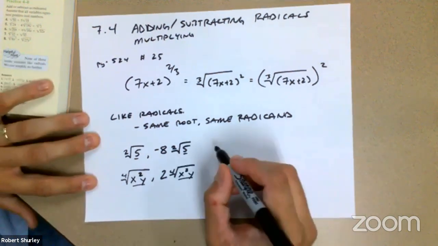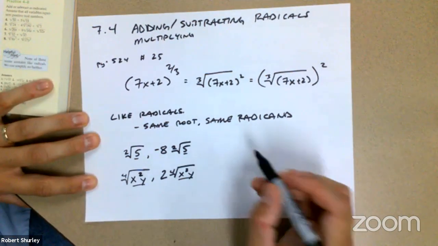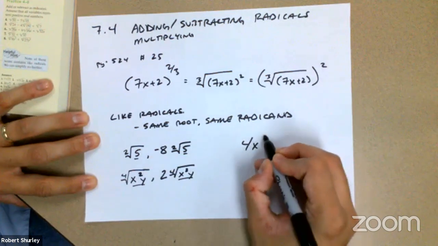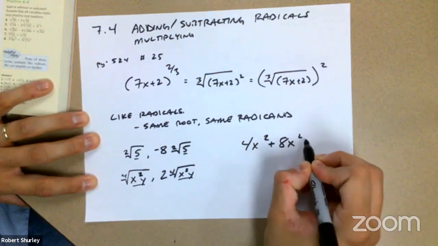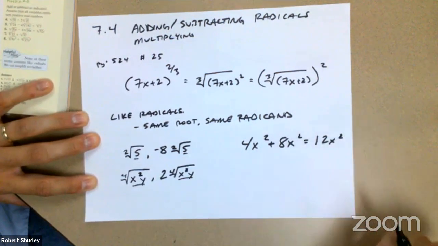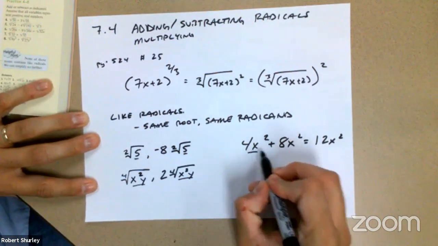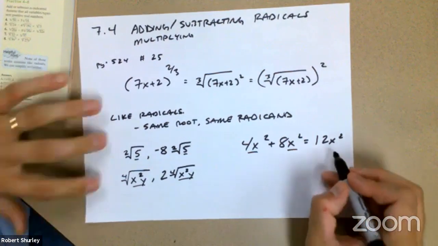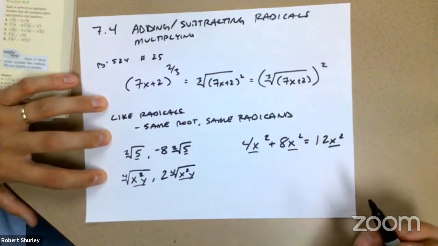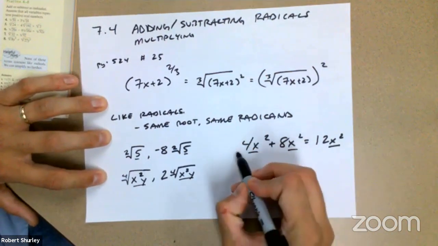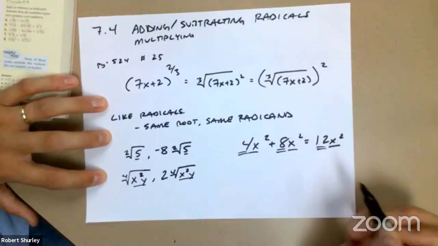It's just like if you had like terms, like 4x squared plus 8x squared, it just gives you 12x squared, right? Well, it's the same idea. You're going to keep whatever the like term is, and it's going to stay the same. So our radical is going to stay the same. You just add or subtract the coefficients.